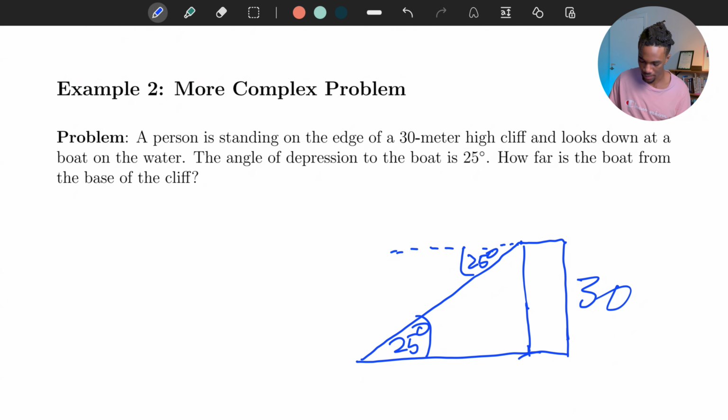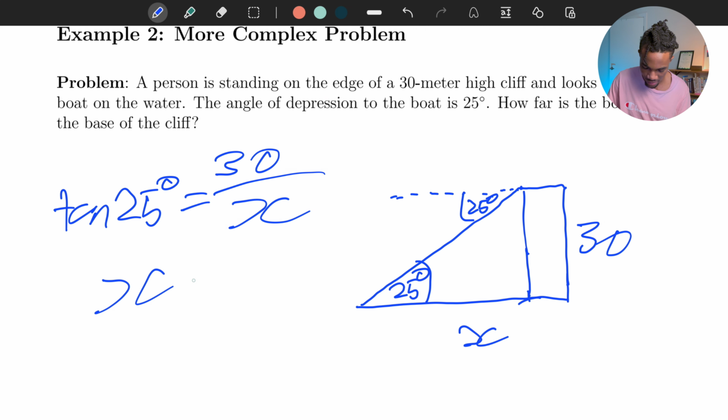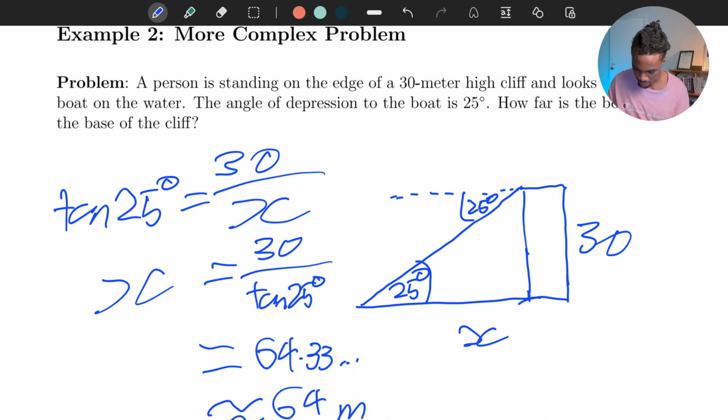Same thing again. Tan 25 degrees equals 30 over x. x then equals 30 over tan 25 degrees, and that equals 64.33..., approximately equal to 64 meters.